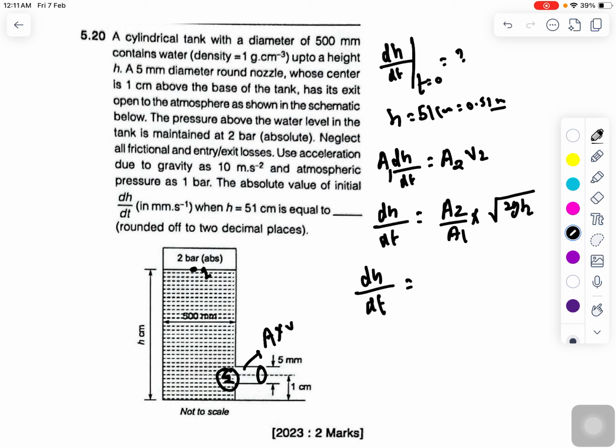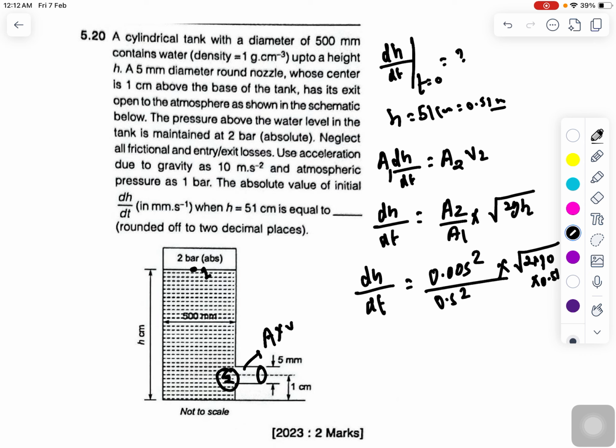And what is A2? A2 is pi by 4 into 0.005 whole square divided by A1, the area, which is 0.5 whole square, multiplied with root 2gh. 2 into g is 20, and the initial height is given as 51 centimeters, so 0.51. So let's try to calculate this one.